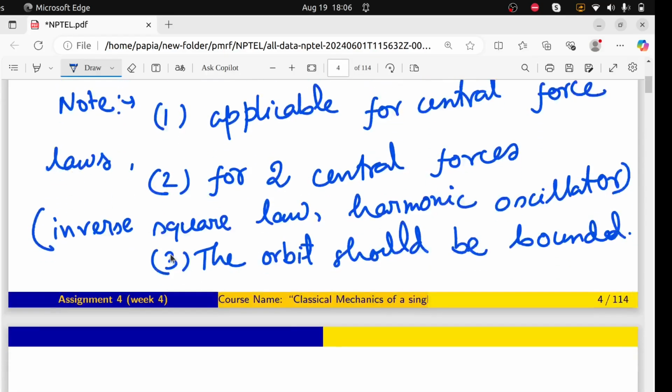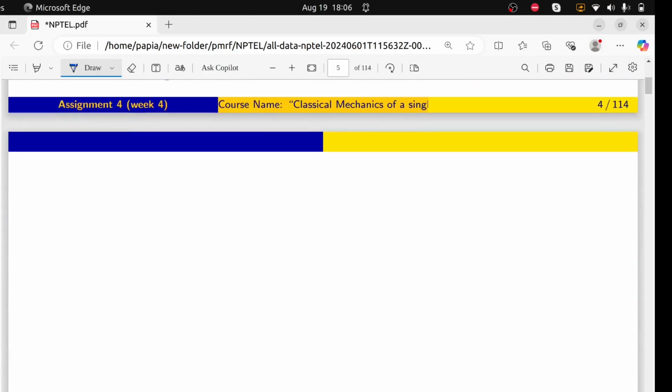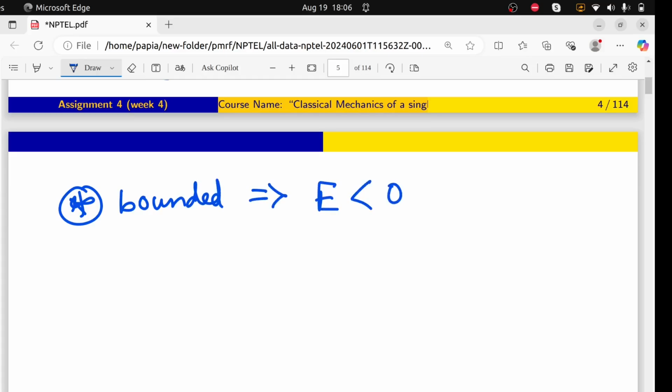Bounded means our total energy is less than 0. Unbounded means our total energy is greater than 0.